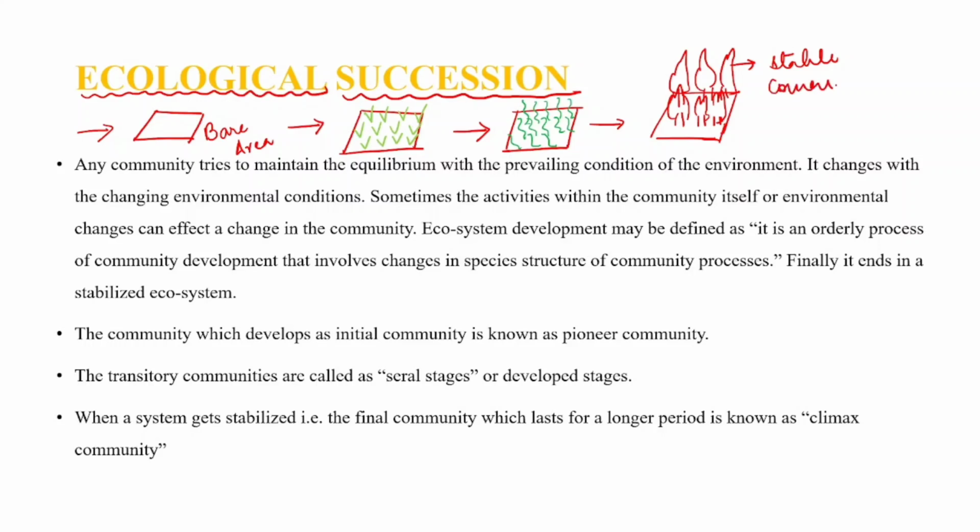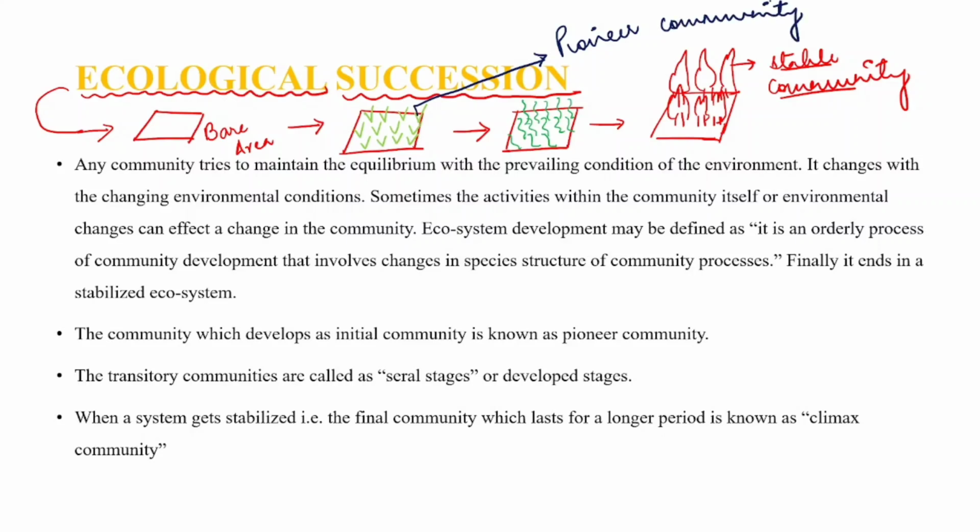So what we have seen are the changes that have taken place on the bare area, right from the bare area to the establishment of a stable community. This entire thing we call ecological succession. The living organisms which first started growing on this bare area, we call them the pioneer community.